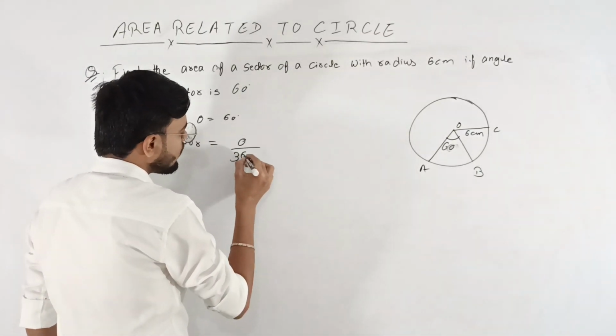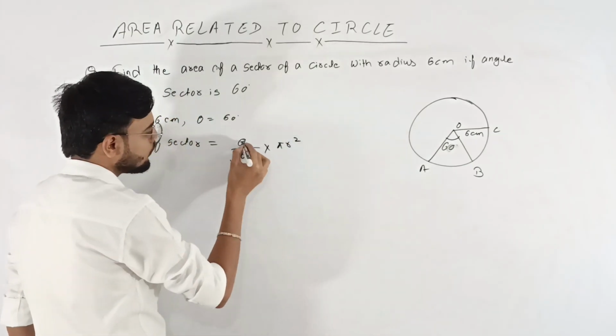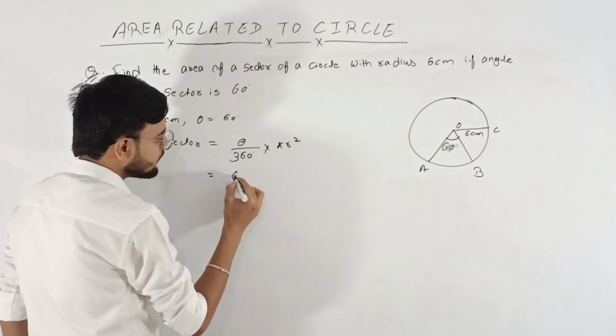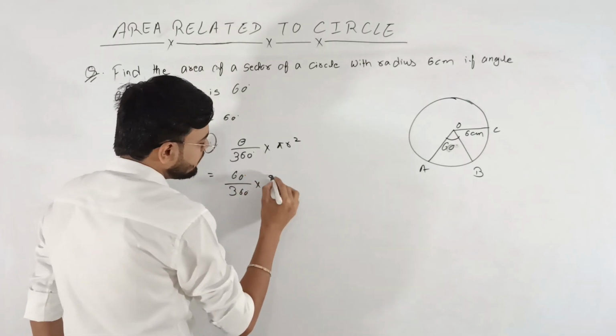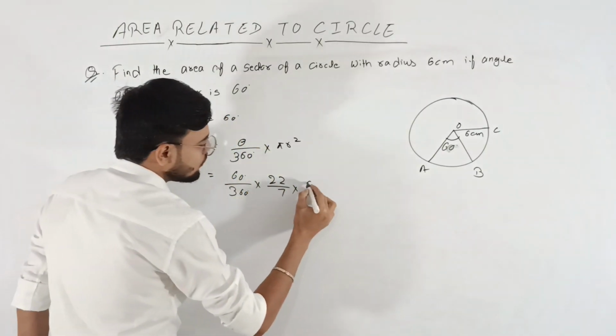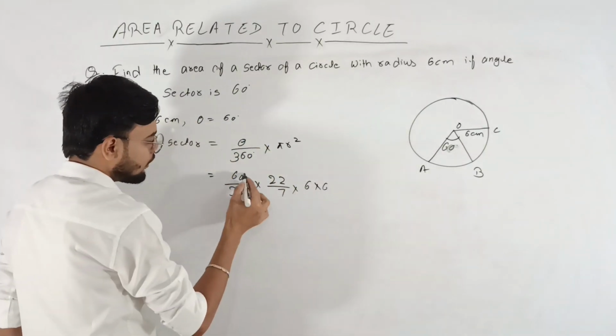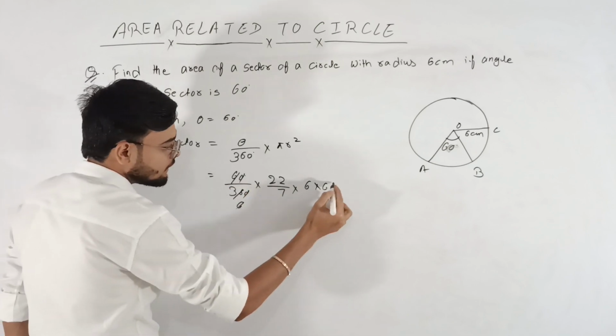So the area of the minor sector is theta upon 360 degree into pi r square. Now theta is 60 degree, so this is given upon 360, into pi, which is 22 by 7, and r square is 6 into 6. Now the zero cancels, 6 6s are 36 and this 6 cancels this 6.